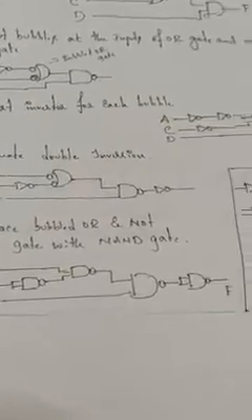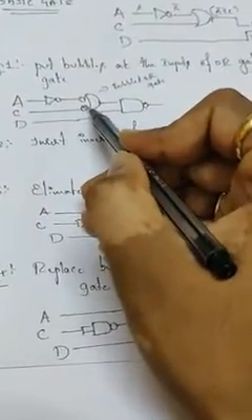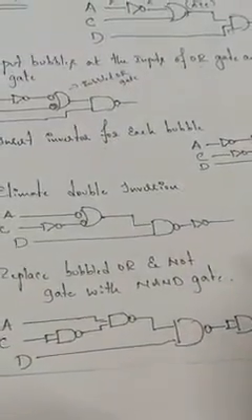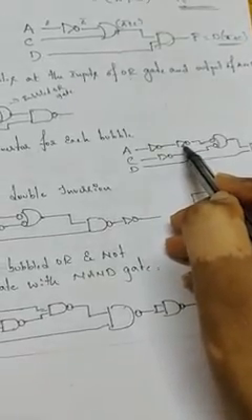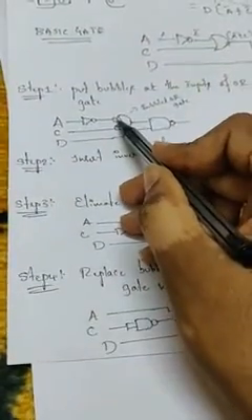Second step: insert an inverter for each bubble. You just added a bubble, right? So wherever you added a bubble, just insert an inverter. Inverter is nothing but a NOT gate. You added a bubble here, here and here.